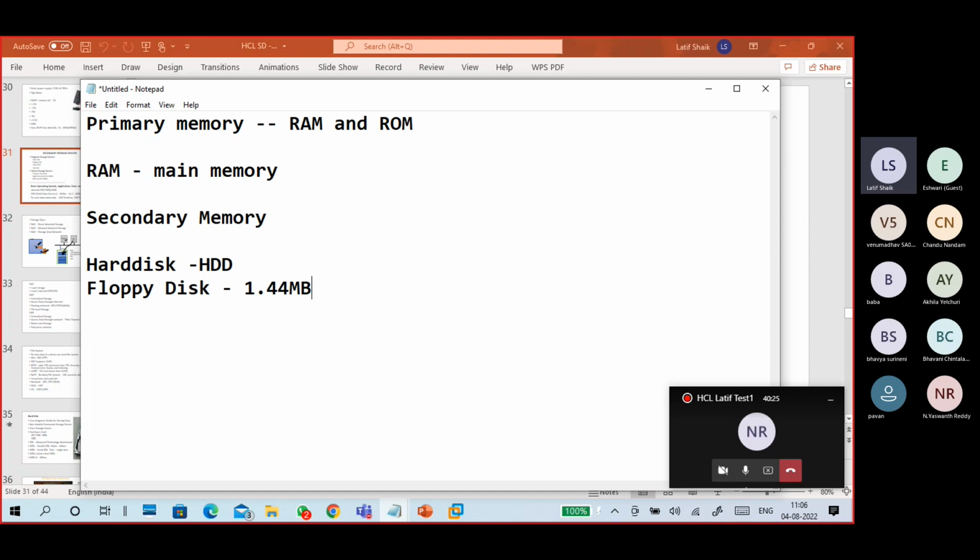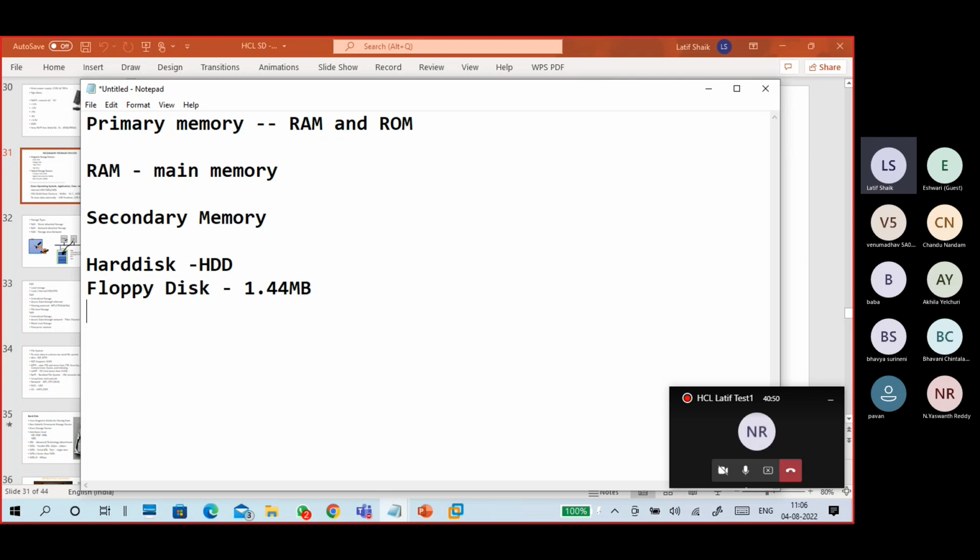The bigger the floppy disk, the smaller the capacity; the smaller the floppy disk, the bigger the capacity. It has magnetic material, so data is stored in that. So in olden days, the floppy disk was one specific lesson.